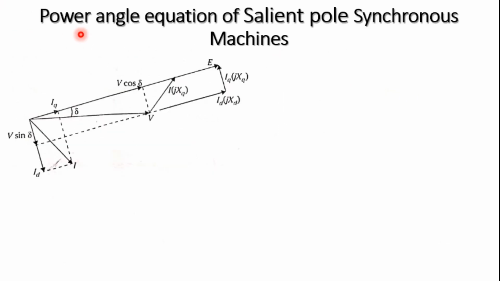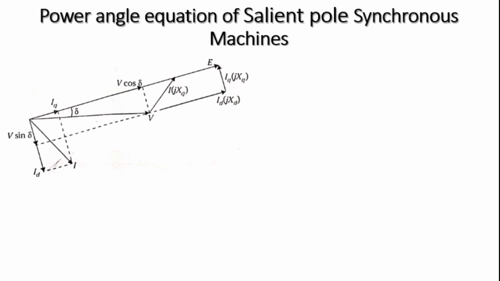Let us derive the power angle equation for a salient pole type of synchronous machine. Let us consider this figure. You might wonder how we drew this. Consider that the load applied to the salient pole synchronous machine is at lagging power factor, less than unity.